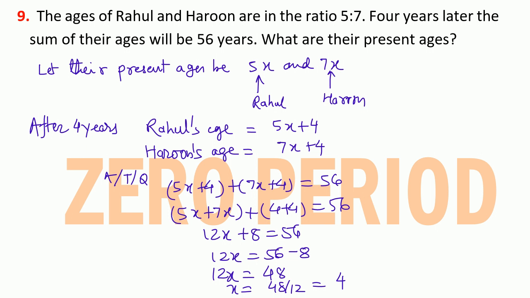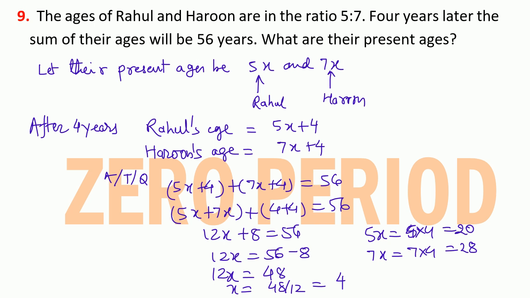If x is 4, then 5x will be 5 into 4, it is 20, and 7x is 7 into 4, it is 28. These 20 and 28 are the present ages of Rahul and Harun. So finally you can write the answer because the present ages are only asked.